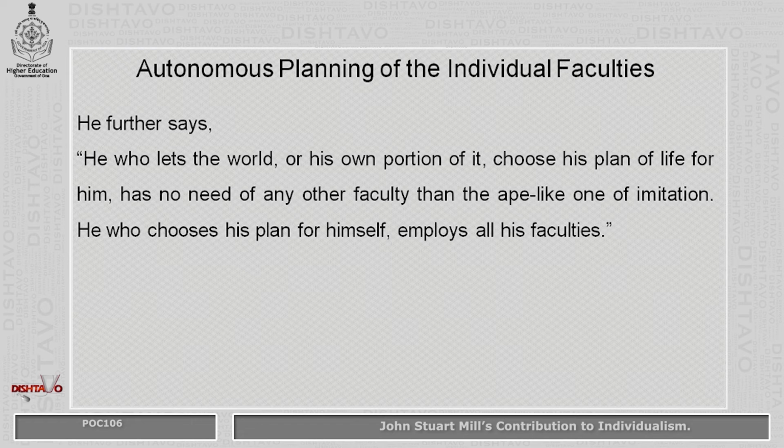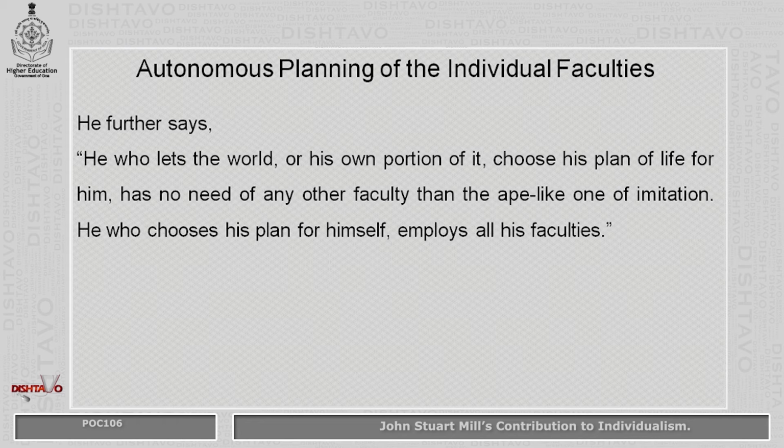Okay, so such a person who imitates others, in fact, loses his own faculties, all individual faculties. Then who does utilize his own faculties? A person who chooses his own plan, to do a particular planning.